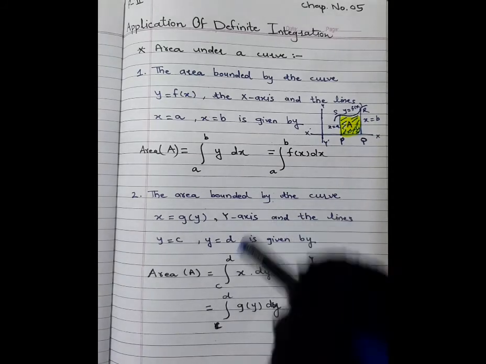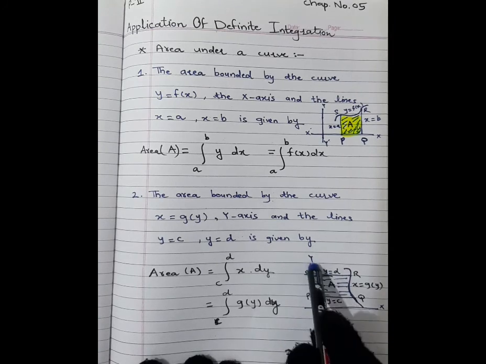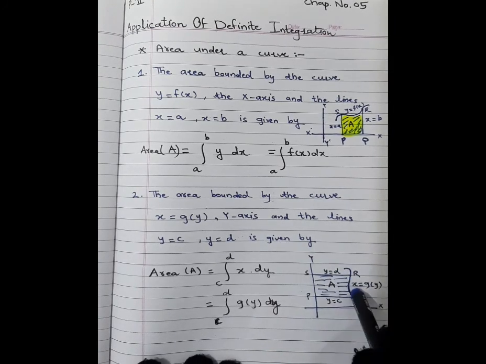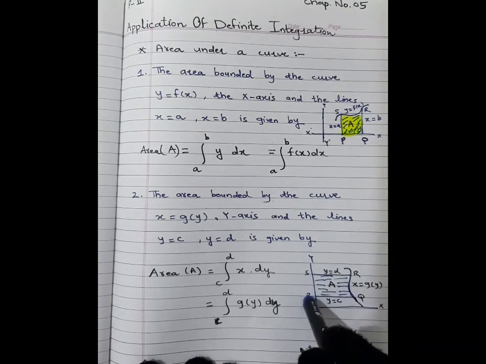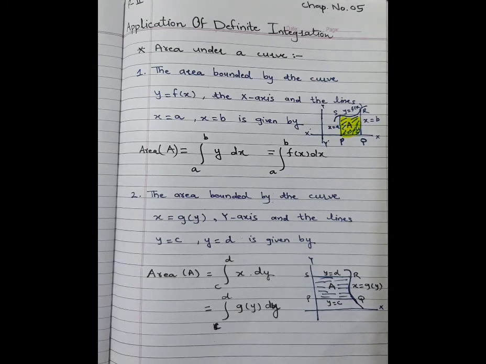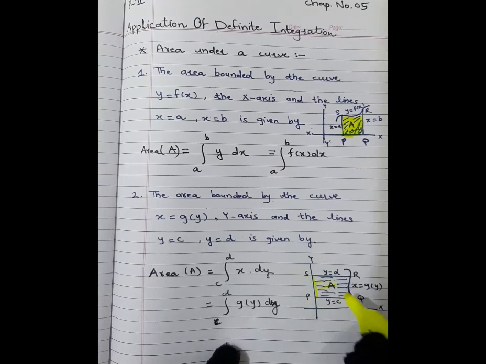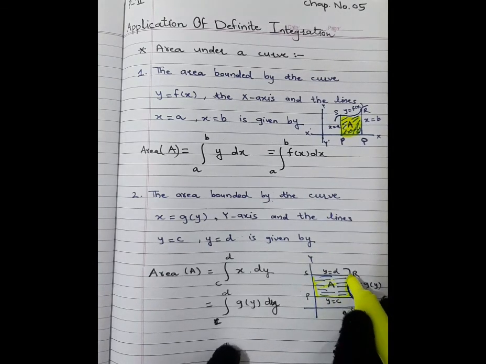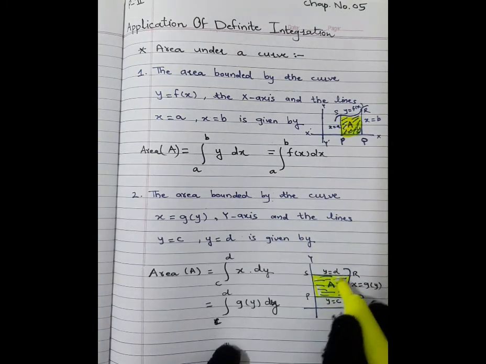So here, students, this area is included between the y-axis, the curve x is equal to g of y, and the two intercepts y is equal to c and y is equal to d. So here again we'll write the area. The area is also denoted by capital letter A, and we'll find the area of this bounded region. This shaded region is denoted by capital A.